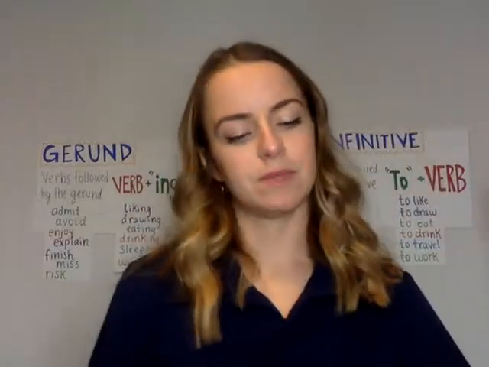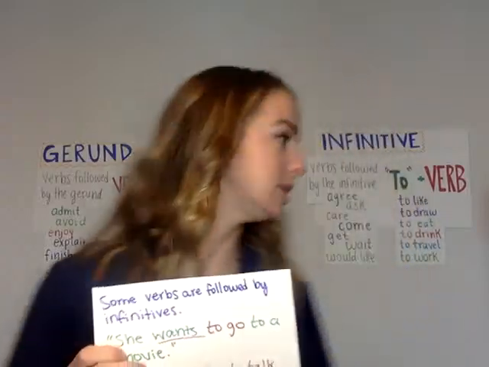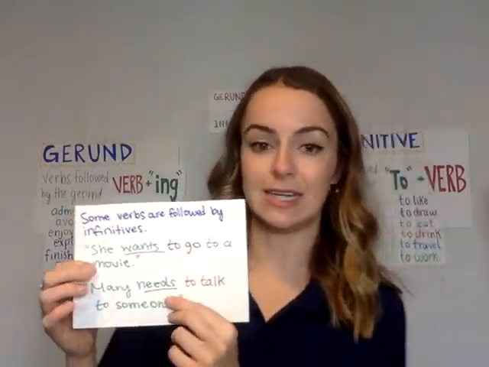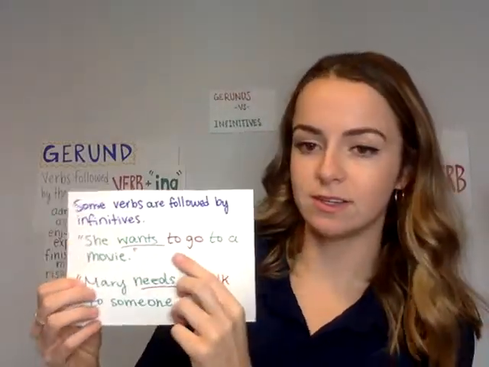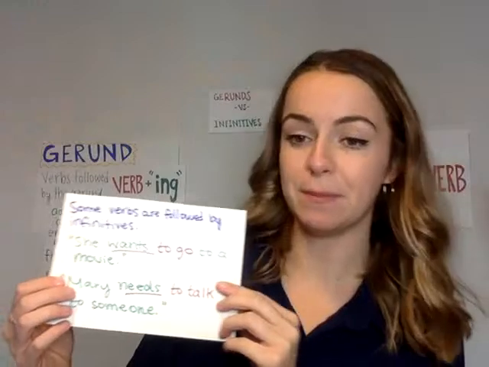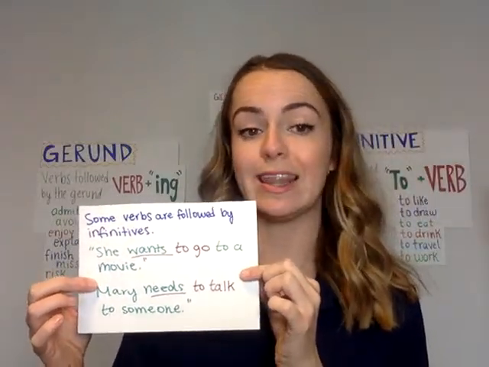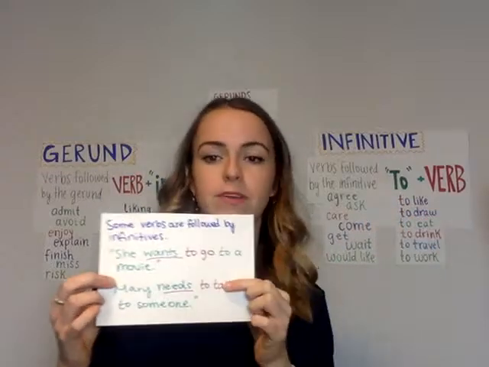Okay, now some verbs are also followed by infinitives. So here we already talked about would like or want. Another example is needs. So here we have, she wants to go to a movie. You could also say she would like to go to a movie.